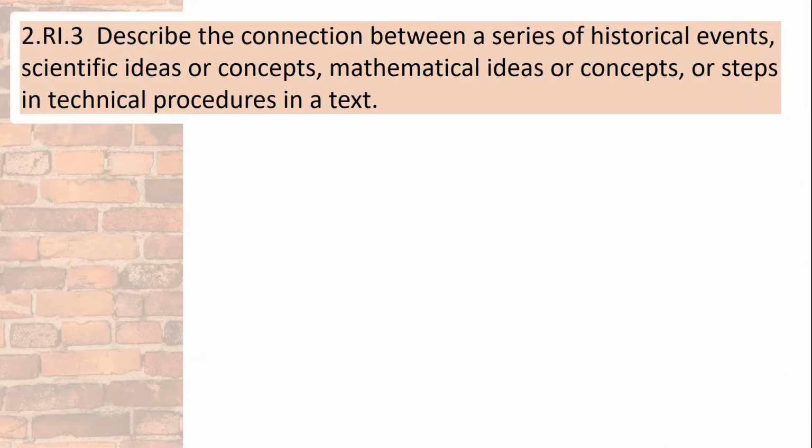Let's see what this looks like in action as we're planning with standards. For our example, we're going to use a standard from the ELA and Literacy Framework. By the end of second grade, students are expected to be able to describe the connection between a series of historical events, scientific ideas or concepts, mathematical ideas or concepts, or steps in technical procedures in a text.